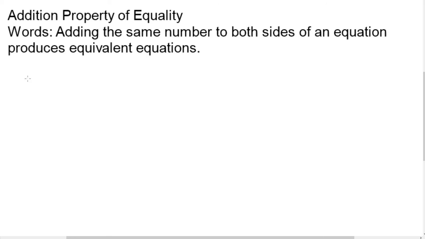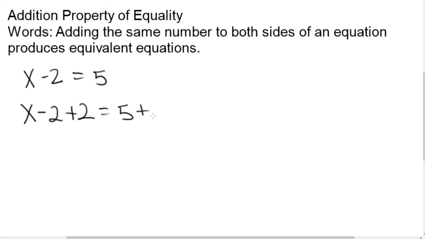So if I take x minus 2 equals 5, what it's saying is that I can add positive 2 to both sides and not change the equation. In fact, when I say not change the equation, I mean that it's an equivalent equation.